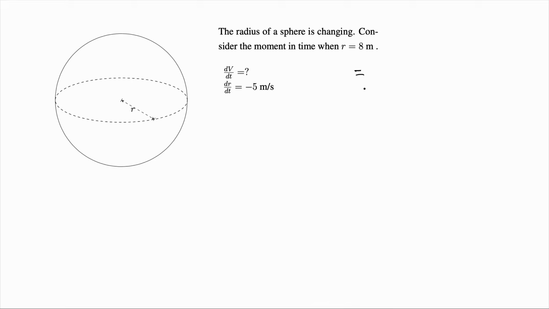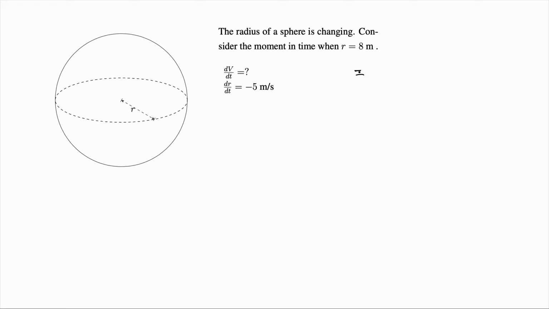Two functions are the same, so the derivatives of both sides would also be the same. But keep in mind, we don't plug in any values. We keep r and V variable until after we have our derivative equation.